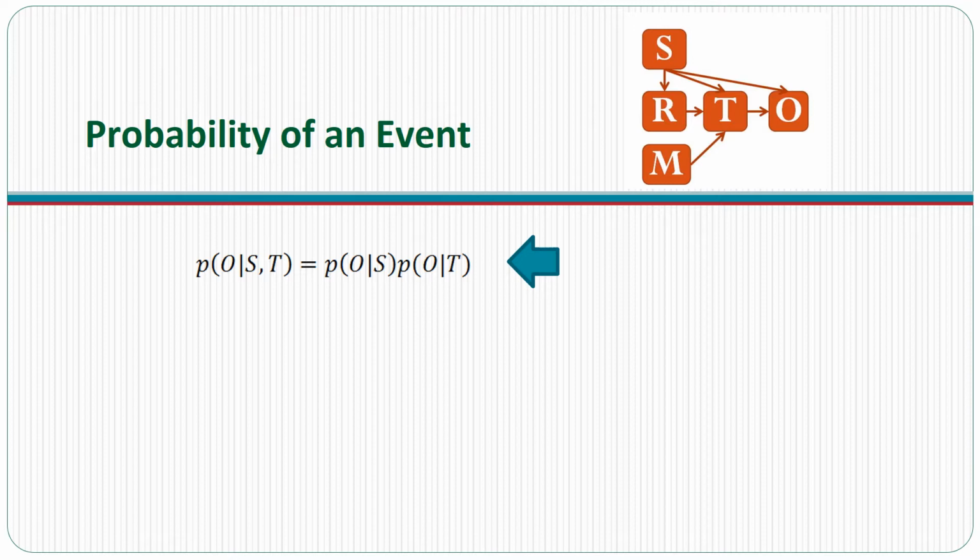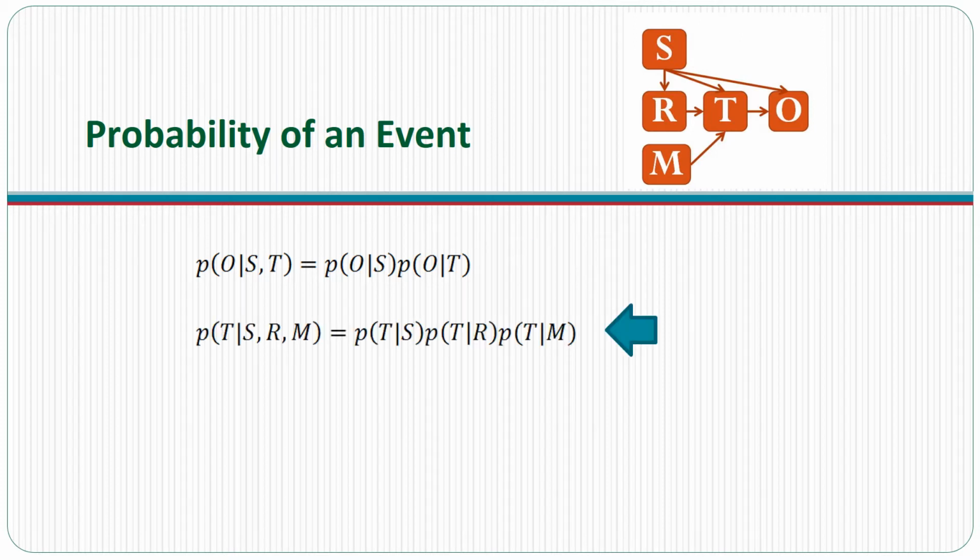So here we see that probability of O given S and T is equal to probability of O given S and probability of O given T multiplied by each other. Now we can also calculate the probability of treatment, which is the product of the conditional probabilities of treatment given its parents. Note that the rest of the tree is irrelevant to this calculation.